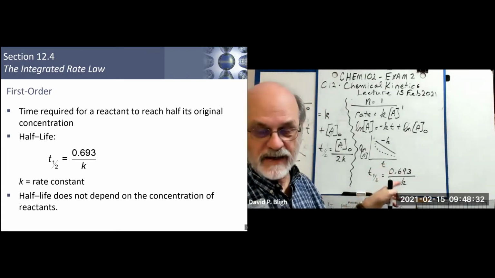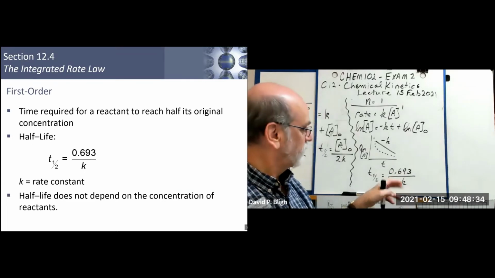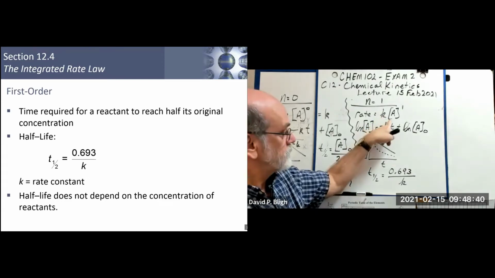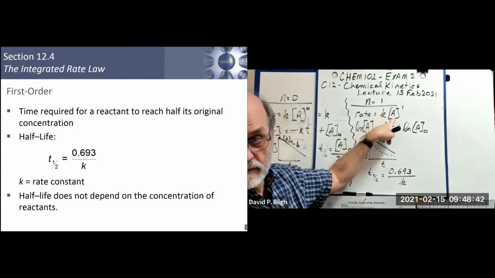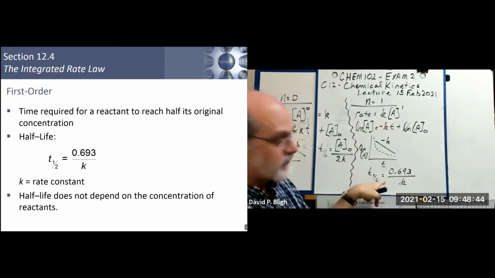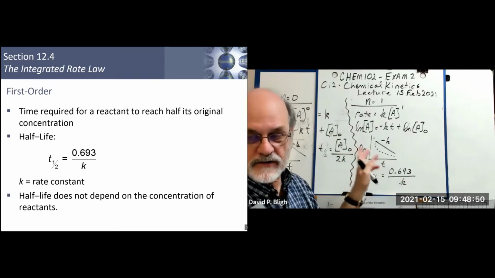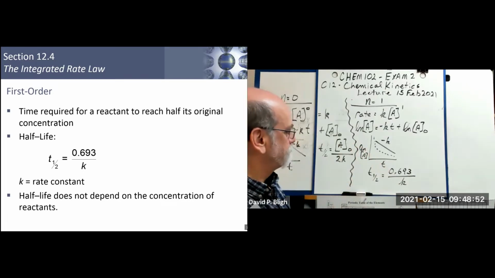It does not depend upon the concentration. The rate does depend upon the concentration, to the first order, but the half-life does not. It still depends upon K, but it doesn't depend upon the initial concentration.